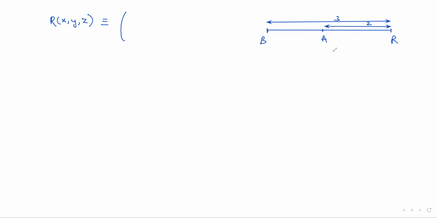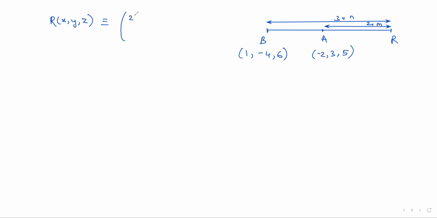Again, here the points will be A equals (-2, 3, 5) and B equals (1, -4, 6). This is your M, and this is your N.